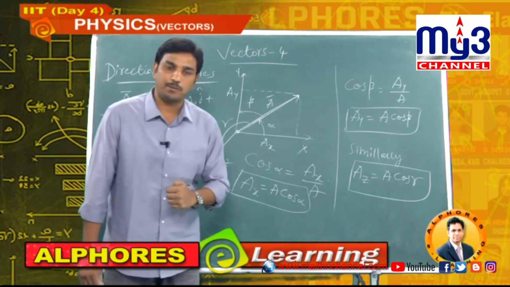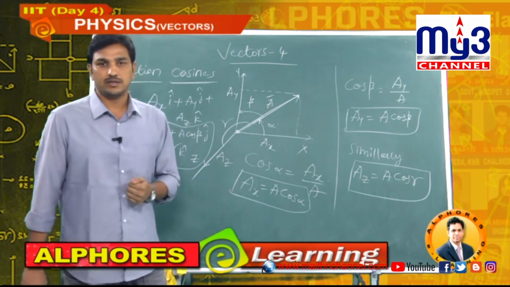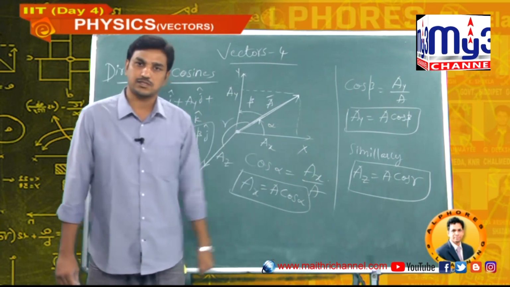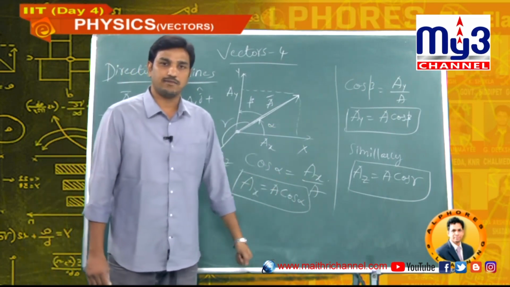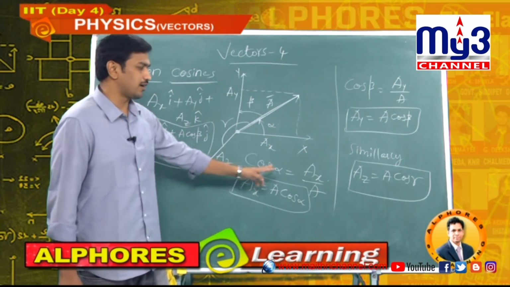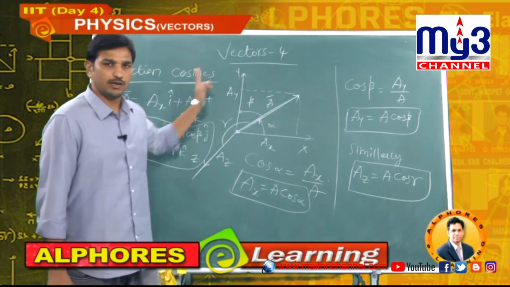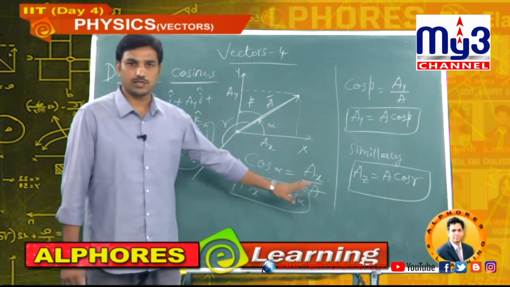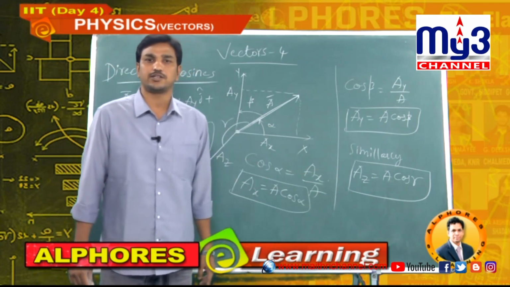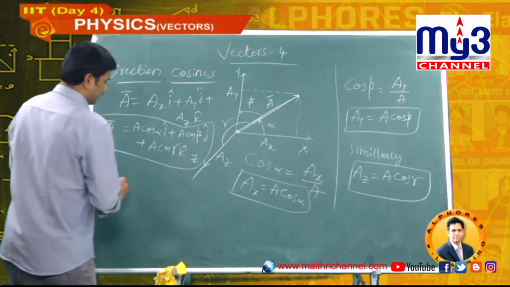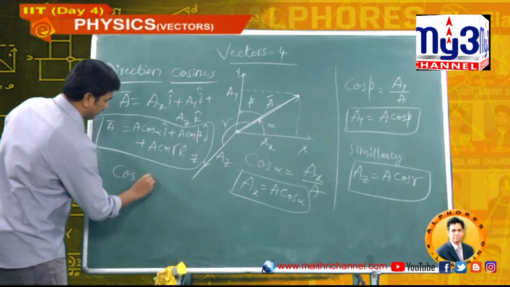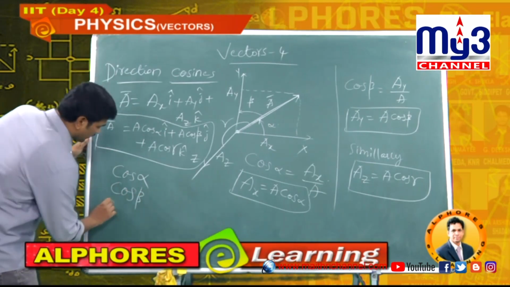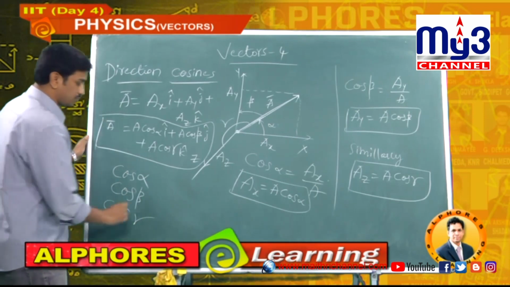So by taking the help of the cos function in trigonometry, we understand how our vector makes an angle with the x axis, the y axis, and the z axis. So cos alpha, cos beta, cos gamma are the direction cosines. Once again, cos alpha, cos beta, cos gamma, all three are direction cosines.